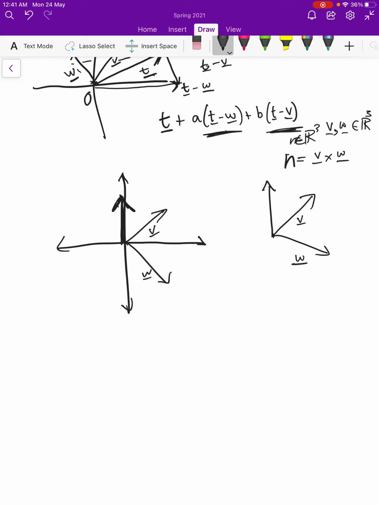Well, v and w are direction vectors in our plane. If we have this vector, we call it the normal. Okay, we call it a normal vector to the plane, because it's normal to the plane. So it's a normal.